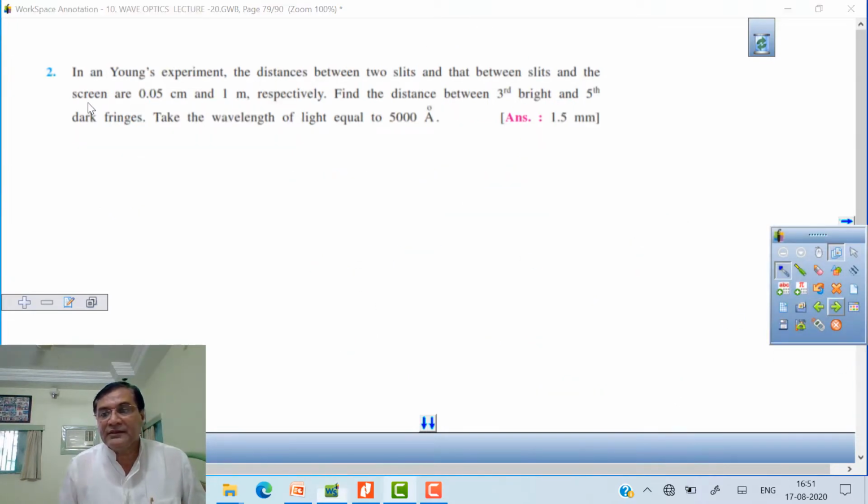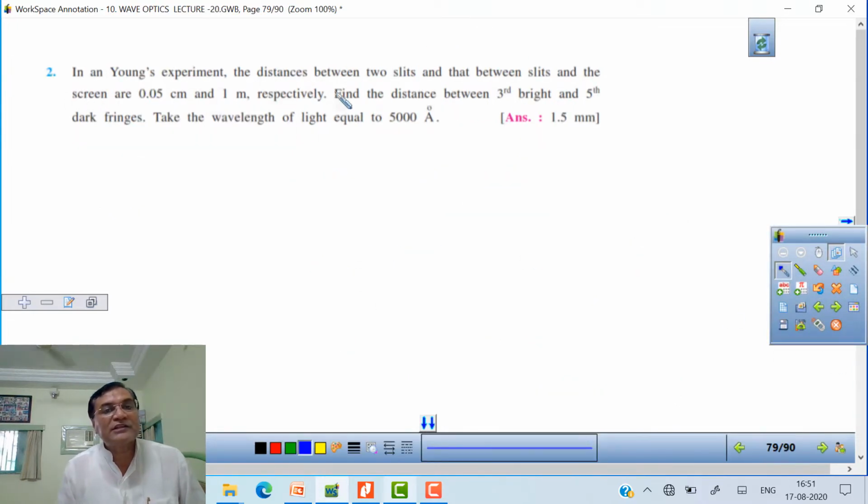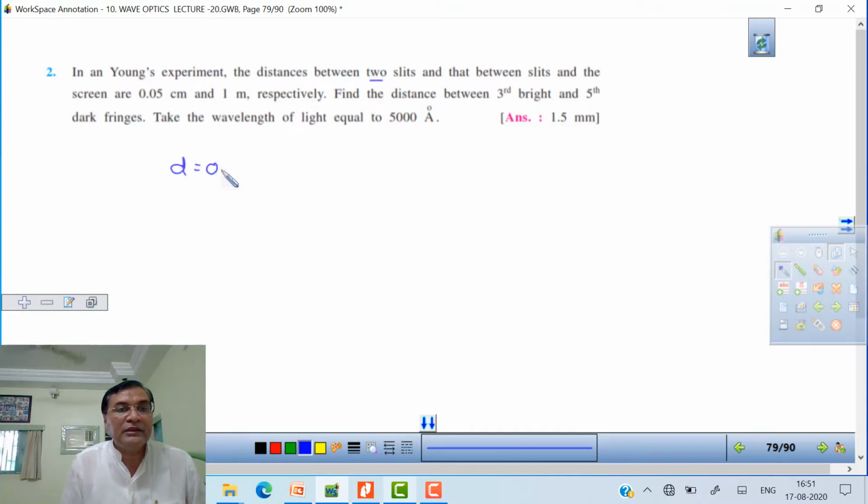Okay. Then the next one. In a Young experiment, the distance between two slits and that between the slit and the screen are given. So small d is equal to 0.05 centimeter. Remember, take special care of units, because mistakes happen here. So this is centimeter, this is meter, respectively.